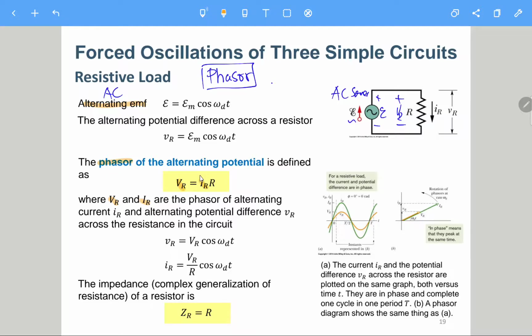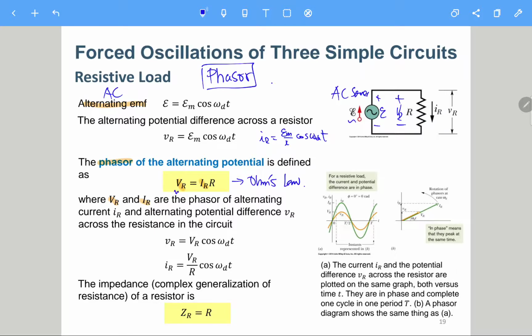And I_R will be like E_m over R cosine omega_d t, something like this. We also would like to use a complex number to represent this current. And finally, the phasor itself will satisfy Ohm's law. So this is nothing but Ohm's law.